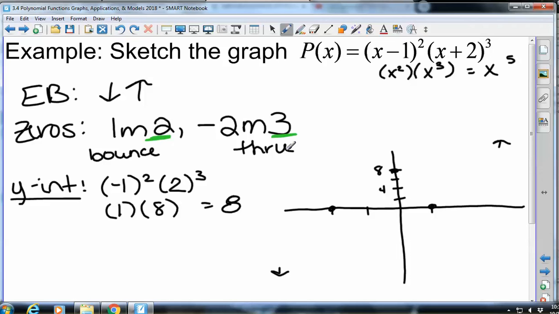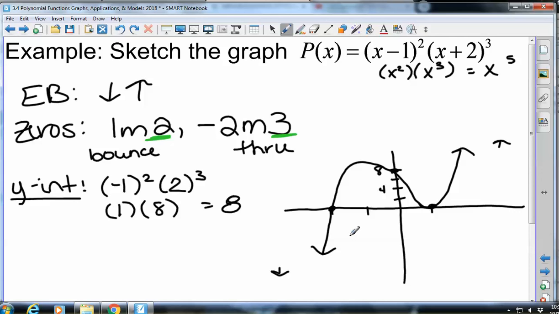So if I hit at -2, my graph is going to go through, gotta hit your y-intercept. What happens at 1? Bounces. Come back like that. Make sure when you're drawing these graphs, it is a curve. You have to touch the x and y axes at the points that we've designated, and only those points.